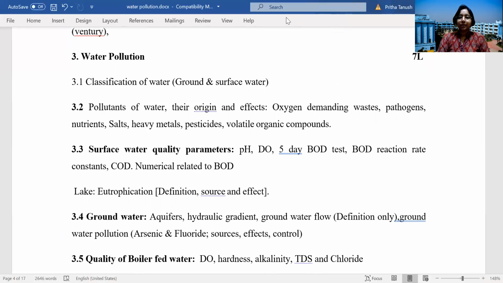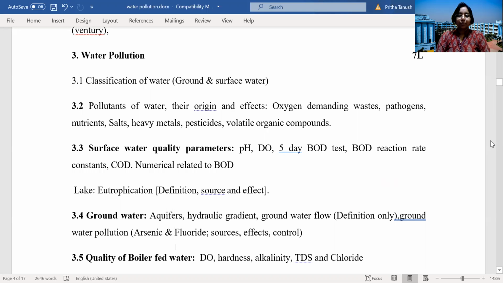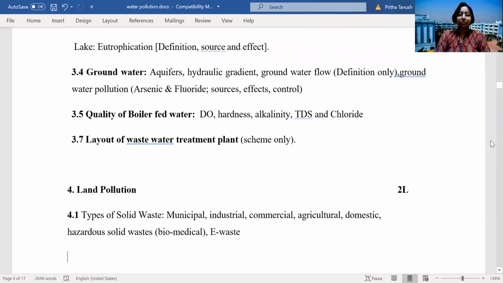So here I am showing the classification of water and the pollutants of water, their origin, effects, etc. In the syllabus, there are other chapters also, like noise pollution, land pollution. All these things I will cover later.